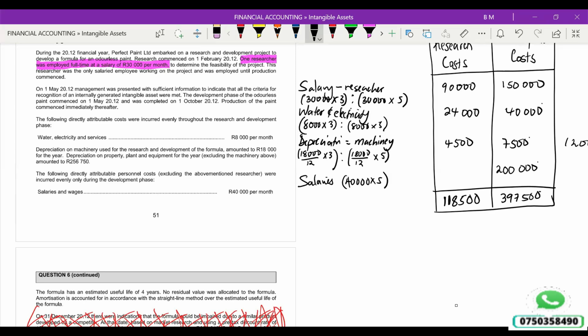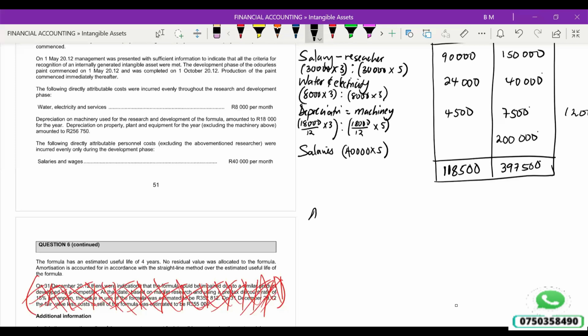Then you go back, you say, okay, how much is our amortization? So you're going to say 397,500 divided by, they said that the formula has an estimated useful life of 4 years. Remember, guys, we said that this research cost will be expensed, right? But the development cost will be capitalized, so that when you measure your formula, you're only taking the development cost.